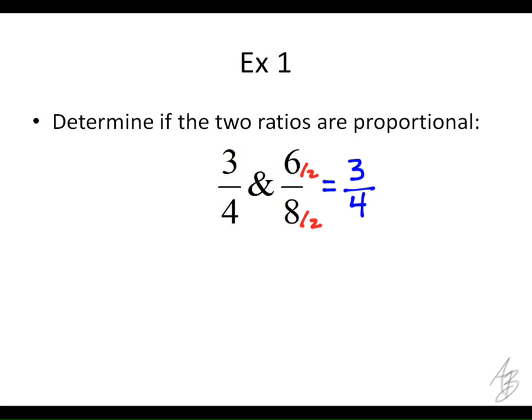So one way to see if ratios are equal to each other, and therefore proportional, is to just reduce the fractions. If you reduce the fractions and they're the same, then they're proportional. Now, that's not going to really help us when we get to solving proportions later on. So let's look for another way that we could tell if they're proportional.